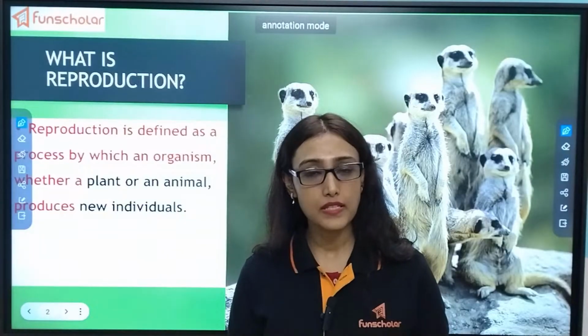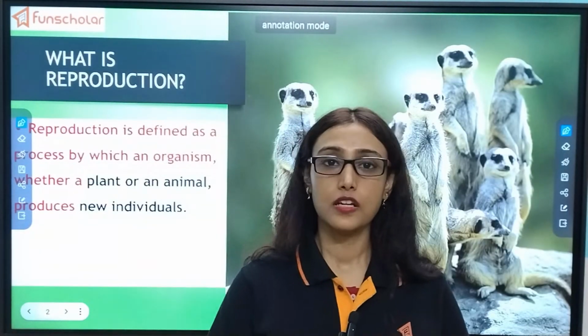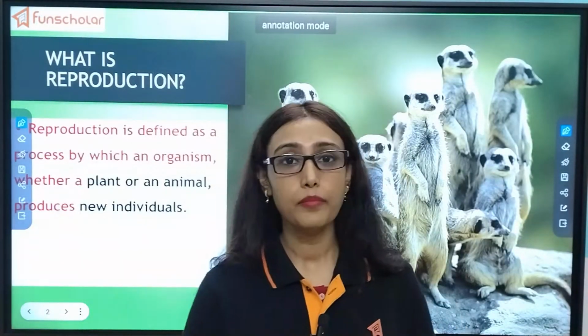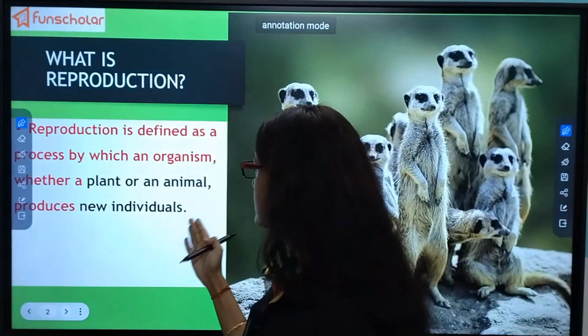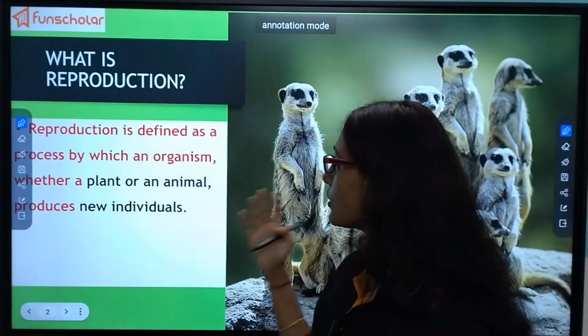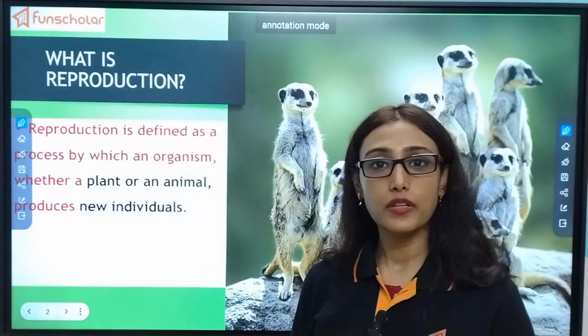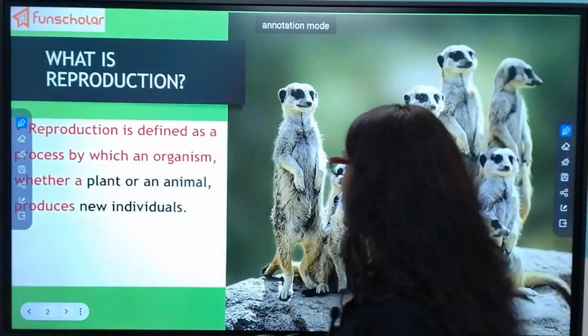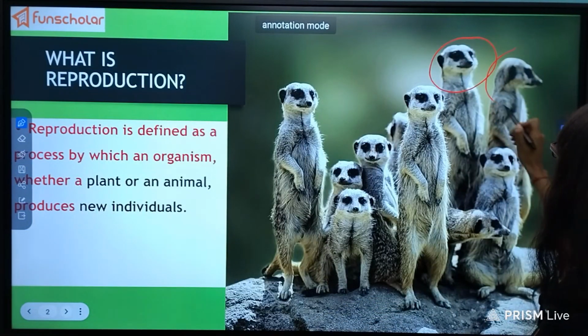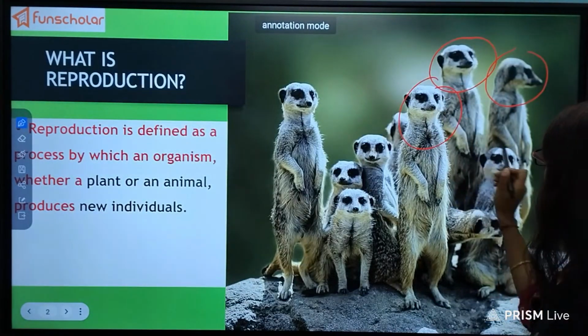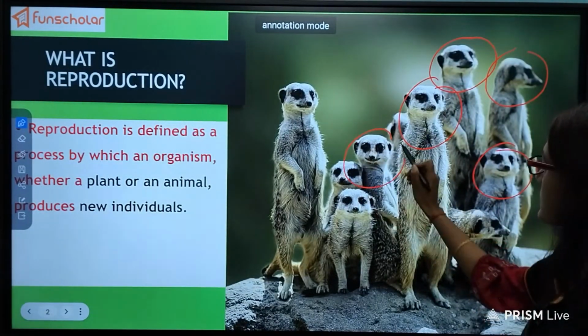Reproduction is a process by which a living organism produces its copy or replicates, whether it is a plant or animal, to produce a new individual. Like you see here, every organism looks the same.